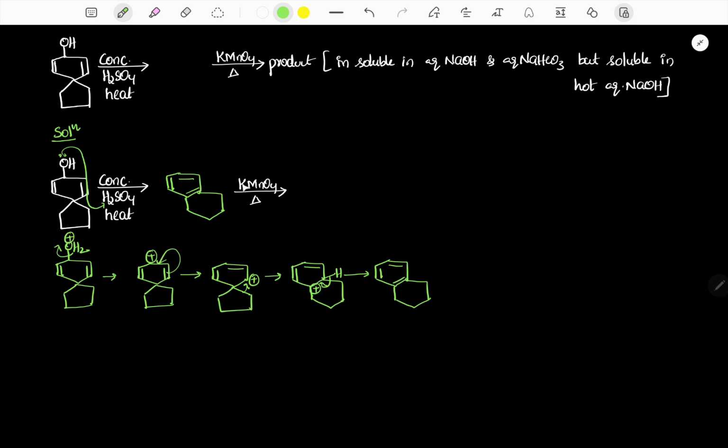Now we know that when it is heated with a strong oxidizing agent, benzylic carbon having hydrogen undergoes oxidation and it gives the corresponding phthalic acid. But here we cannot consider phthalic acid. We have to remove the H2O and form the corresponding phthalic anhydride.